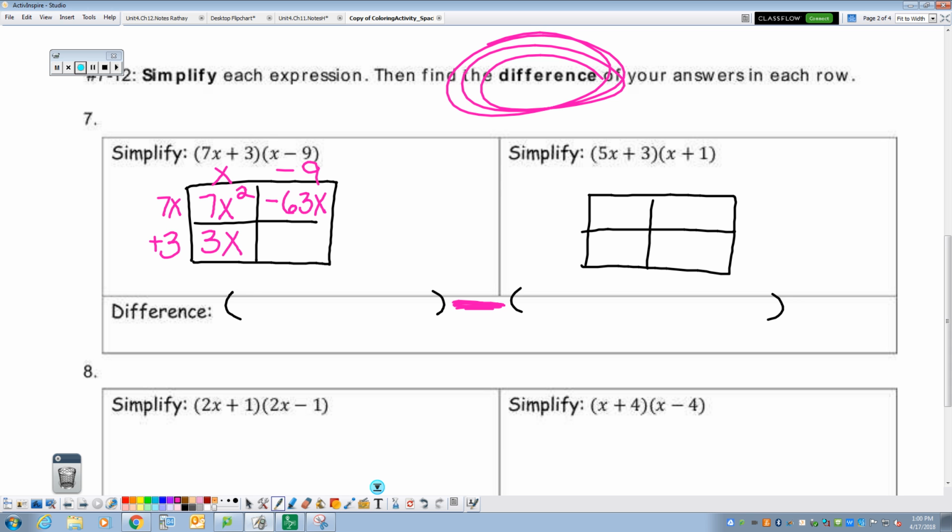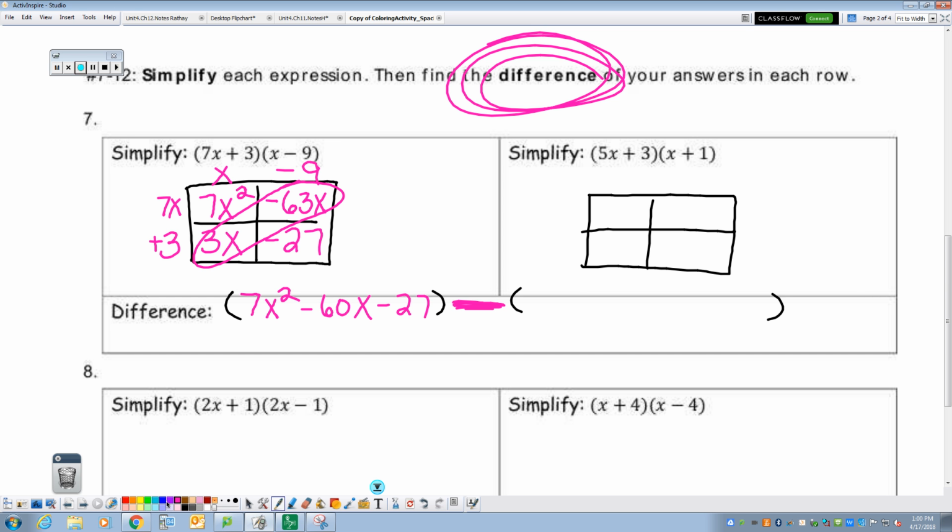Bottom right corner, 3 times negative 9 gives me negative 27. So when I'm done with that question, I bring it into the first set of parentheses, 7x squared. I combine my like terms, negative 63 and 3 gives me negative 60x, and then minus 27.